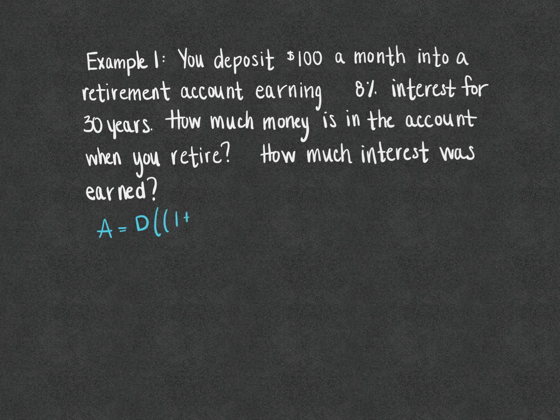Just going to record that formula again. The more we write it, the more used to it we get. And our $100 a month is our deposit amount. It does say every month, and so that tells us n is 12. 8% interest is r, 30 years is our time.